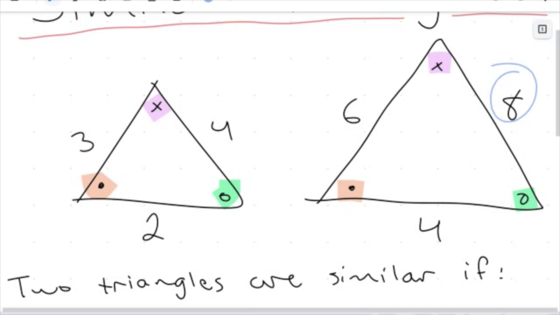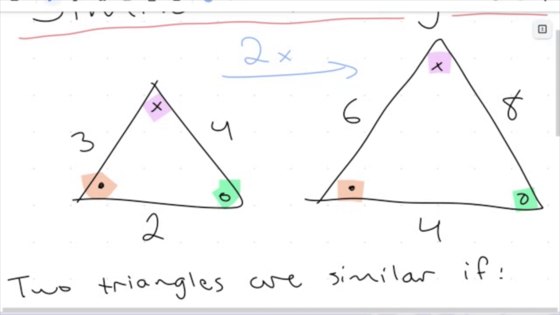And the sides 8 and 4, these corresponding sides also have the same scale factor because 8 is 2 times more than 4. So getting from this one to this one, we have a scale factor of 2. All of the sides have been multiplied by 2 to give me a bigger triangle, but it's proportionally still the same.